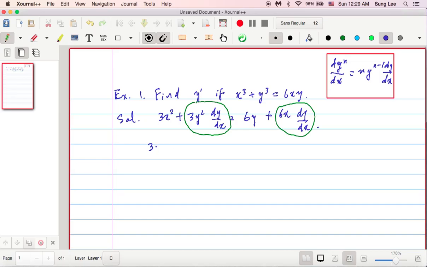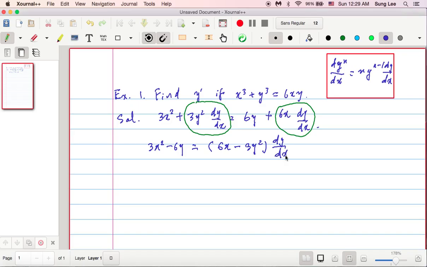So we get 3x squared minus 6y on the left-hand side. And I'm going to subtract this term from each side, and then factor out dy by dx. We get 6x minus 3y squared times dy by dx.